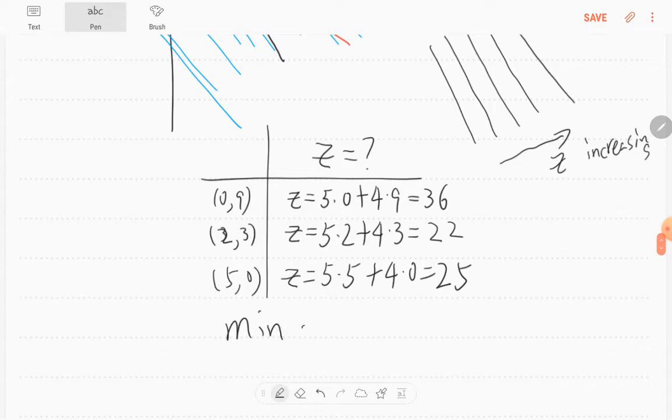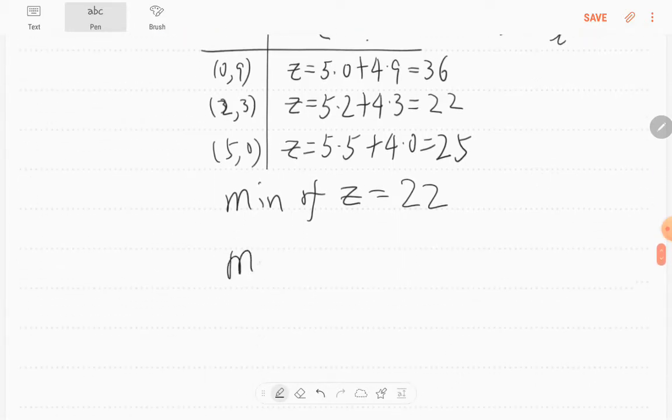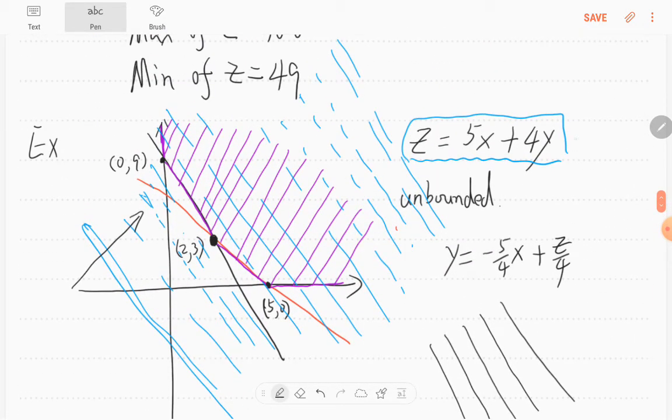The minimum of z is equal to 22, and the maximum of z for this unbounded region does not exist. So for an unbounded region, it depends on the specific form of the z function whether the maximum or minimum value exists.